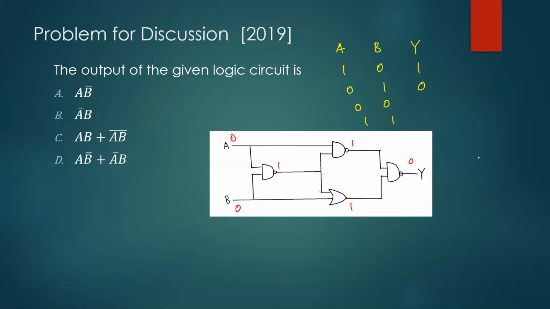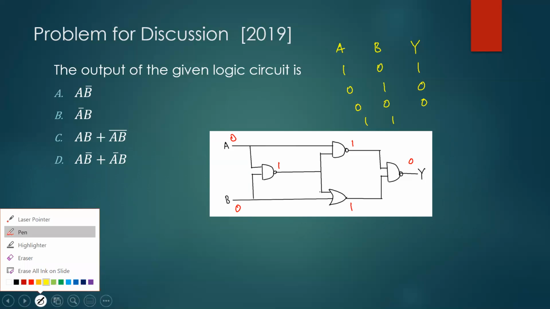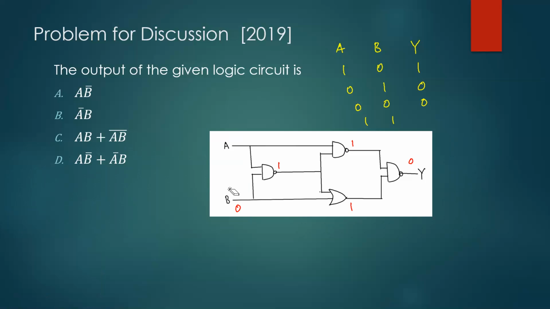So we are getting 0 here, and now verify the last one. Take 1, 1. So that will be 0, and then this is 1, and this is 1. So we should get 0.